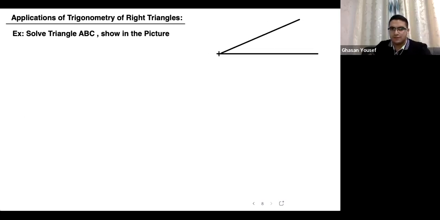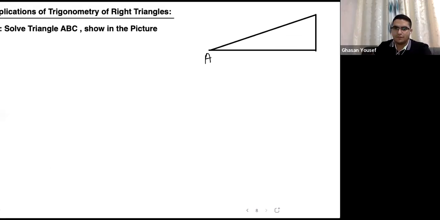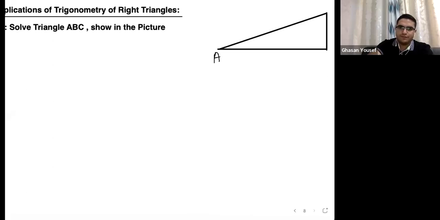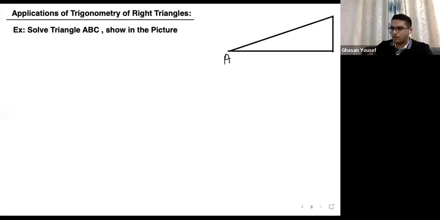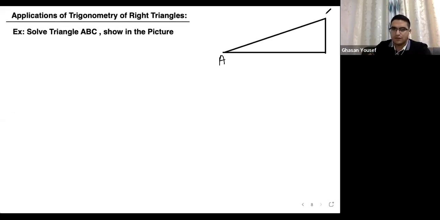This is ABC. This is the vertex A. This is my vertex B. Here the head is called B. This is C. And suppose this angle is 30 degrees.